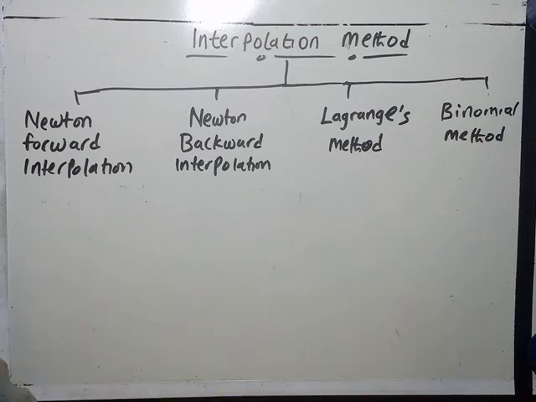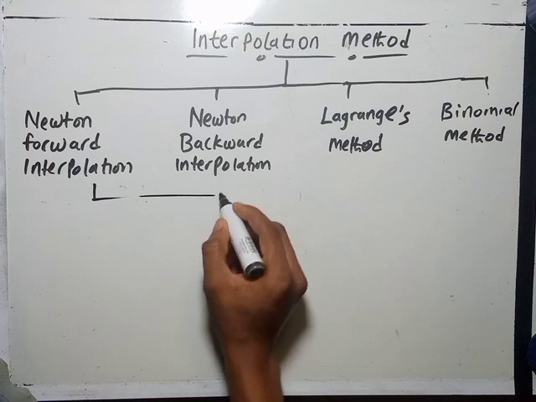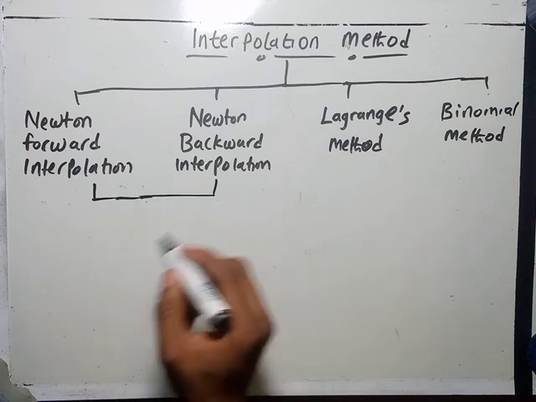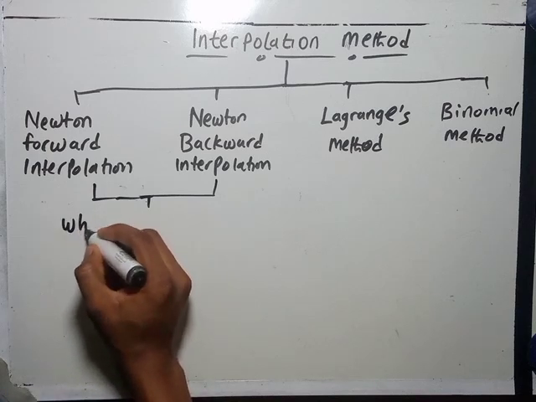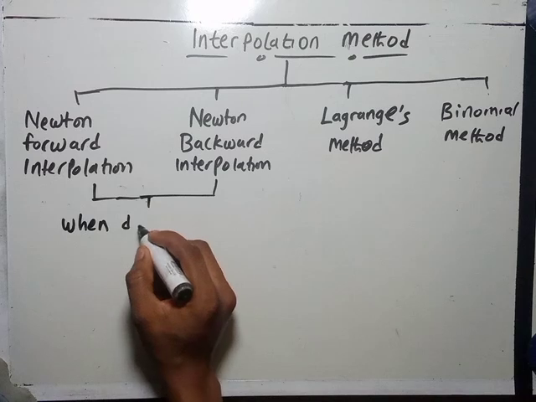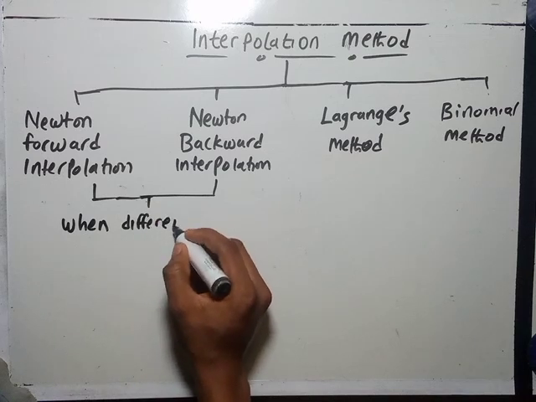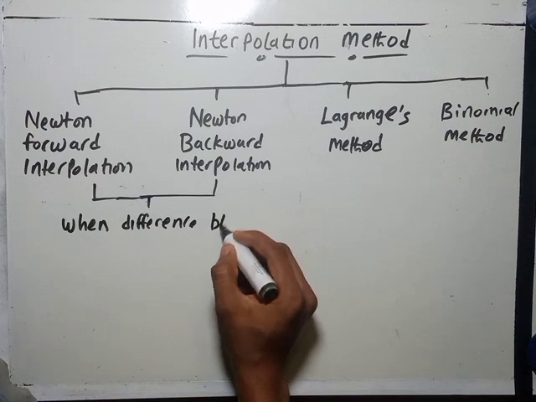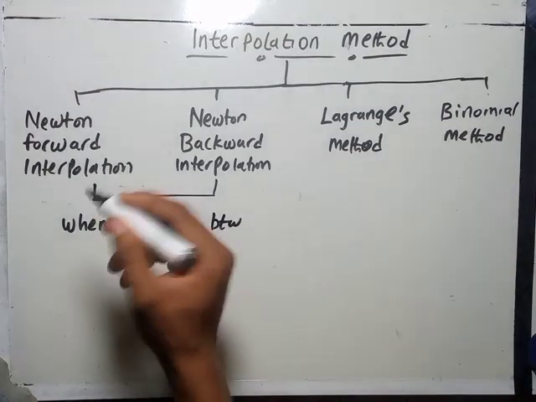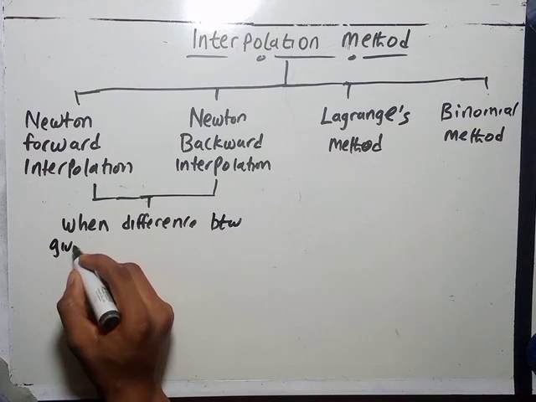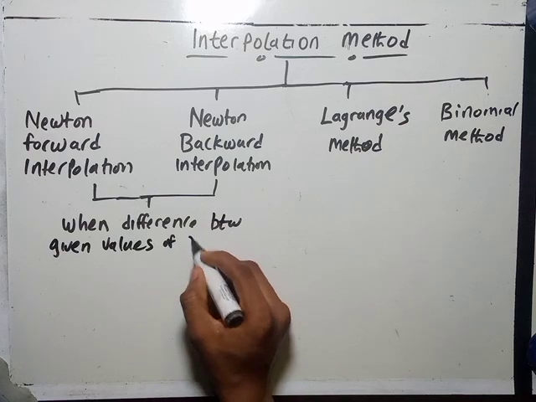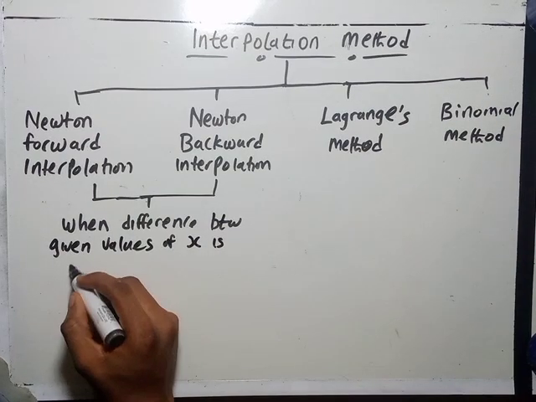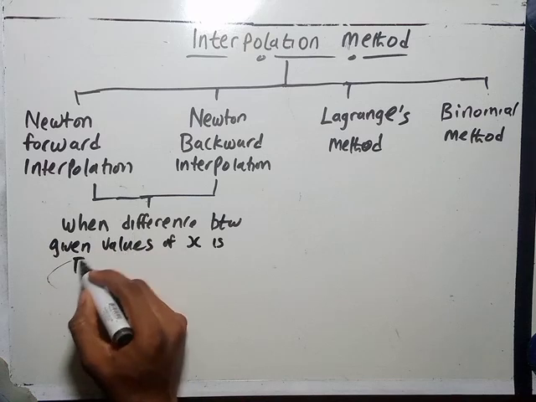For Newton's forward and backward method, for these two, we use them when the difference between our given values of x is equal.